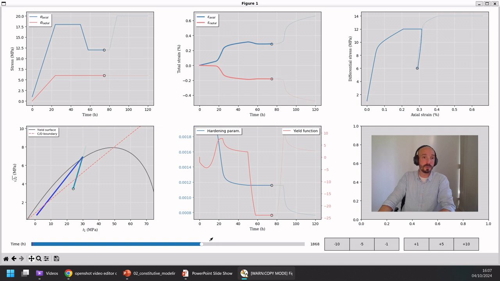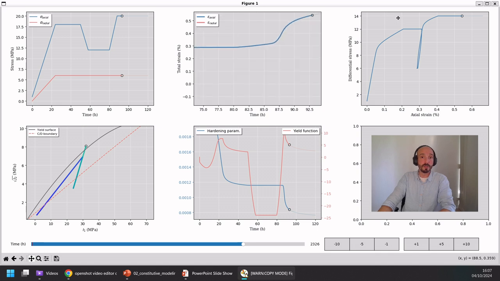We can see that when we start to load the sample again, we cross that yield surface, and we observe a new jump here. You see, let me come back a little bit.